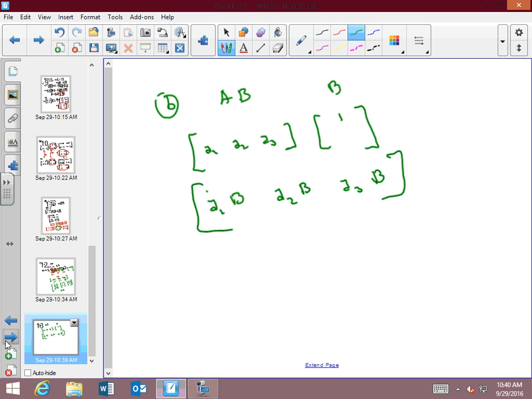Multiplied on the right by B. But it's saying the second row of A is the second row of A multiplied on the right by B. Well, that's got to be false, right?